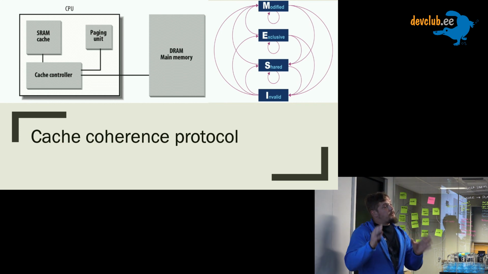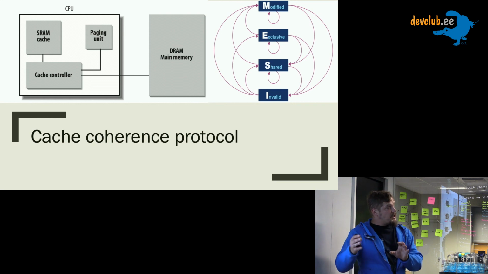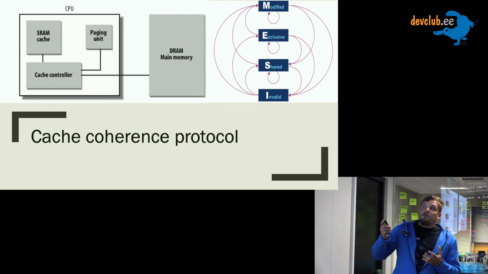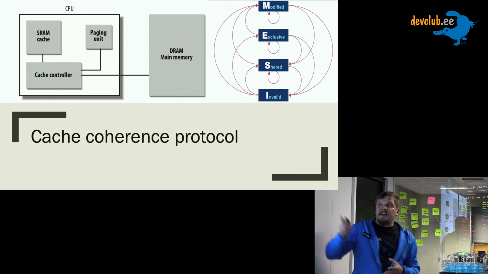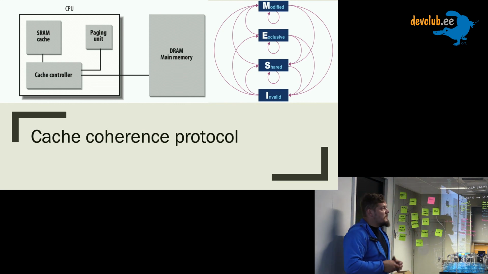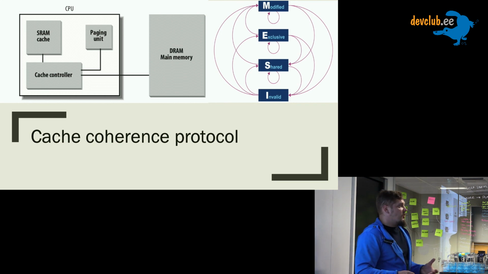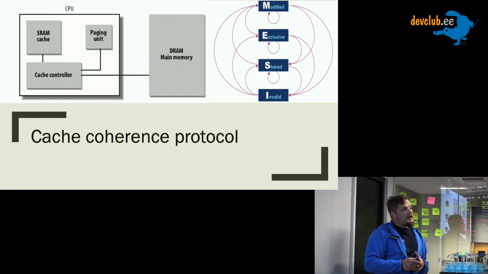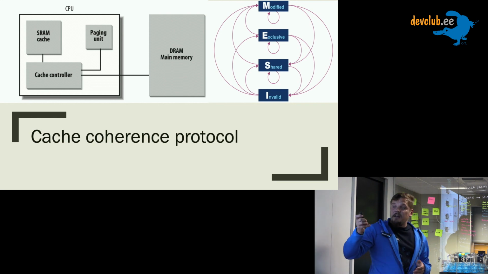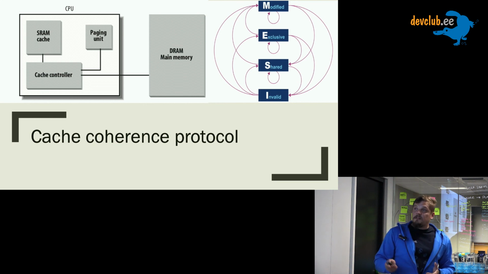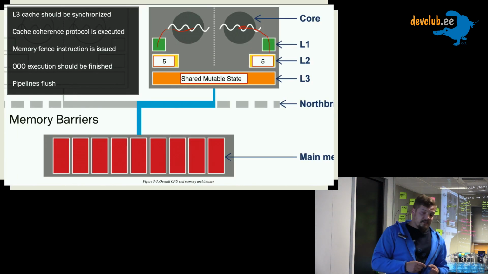Exclusive means that this line is located only on one core. Shared means that it could be shared between different cores, and so on. It has some differences for different processor models, but if you want to make some synchronization, or you want to finish all reordering operations, then you need to synchronize the cache as well. You need your memory lines to be consistent.